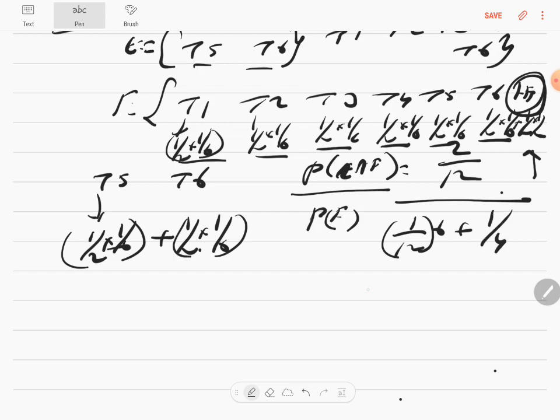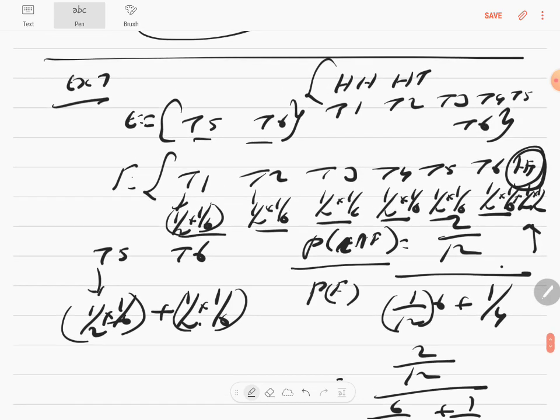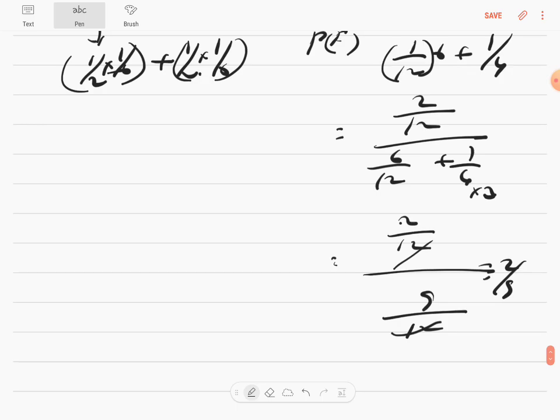So this is 2 by 12 divided by 6 by 12 plus 1 by 4. Let's take the LCM, 12, into 3. So 9 by 12, and 12 and 12 get cancelled, giving 2 by 9. Which is not the same as what you might have thought, like 2 by 7. So you have to look at inner probability. That's what makes this sum very, very important.